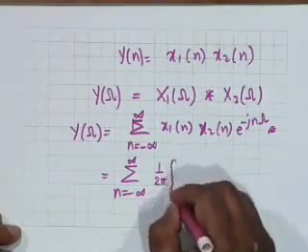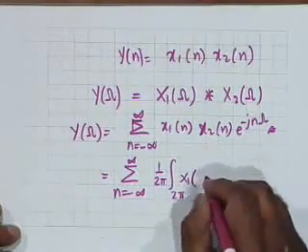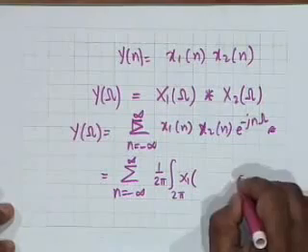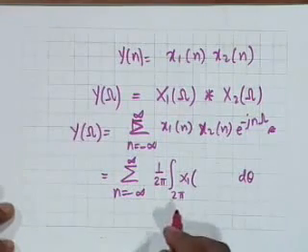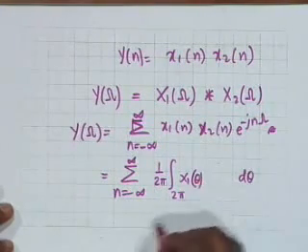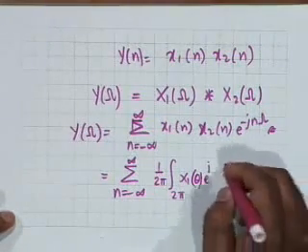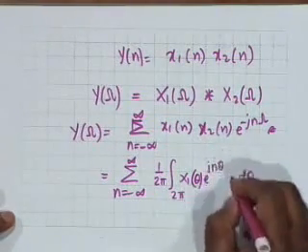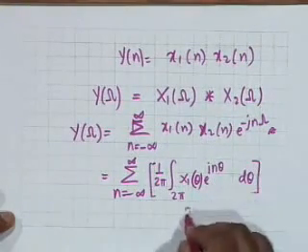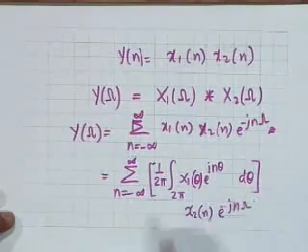That is 1 by 2 pi integral over 2 pi capital X1 of, since omega occurs here, let's take a theta. After all, it's a dummy variable, isn't it? So X1 of theta, then e to the power j n theta d theta. This is x1 of n. And then I have x2 of n e to the minus j n omega.